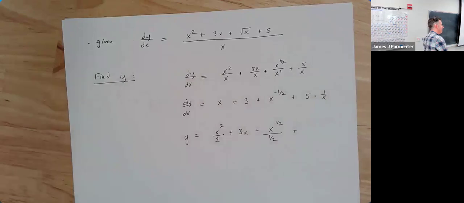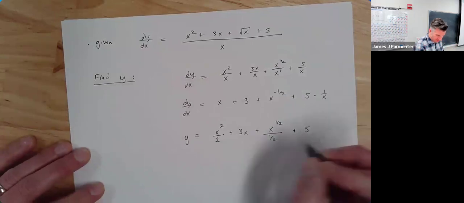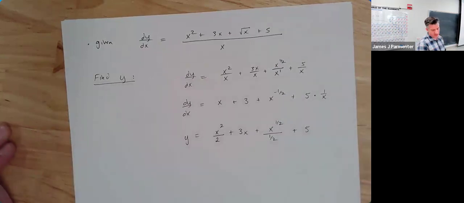So as with derivatives, constant multiples like to hang out for antiderivatives as well. If you have a function multiplied by 5, by 7, or by any constant, that constant multiple just hangs around. So that 5 is going to hang out. And then we have to ask ourselves, what's the antiderivative of 1 over x?